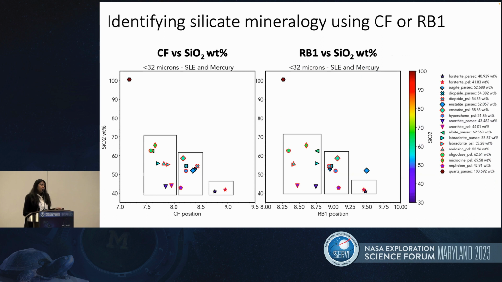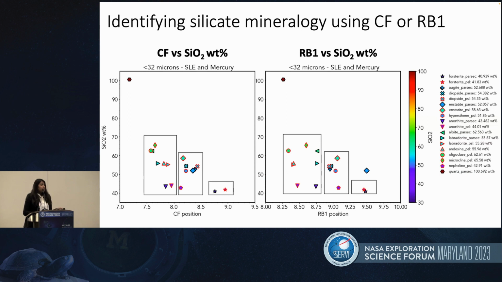The three black boxes are olivine samples, the middle one is pyroxene samples, and then we have feldspars and the quartz. Again, if you look very closely at these boundaries, if we slightly misinterpret or miscalculate the CF position, we might say a feldspathic region is a pyroxene-rich region and vice versa.